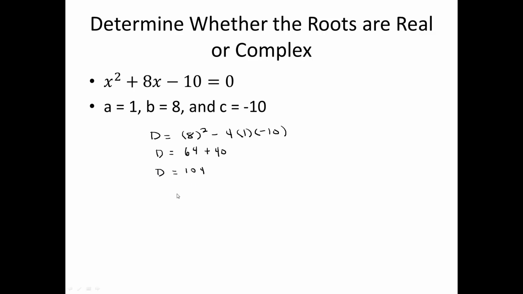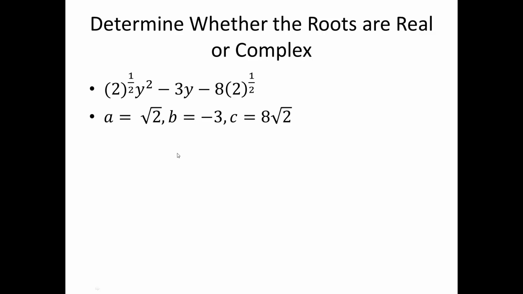Since this number is positive, our roots would be real. So we plug it into that formula, b squared minus 4 times a times c, work it out. If it's a positive number or 0, roots are real. If it's a negative number, then the roots are complex.